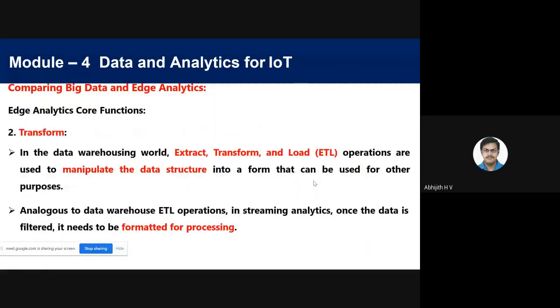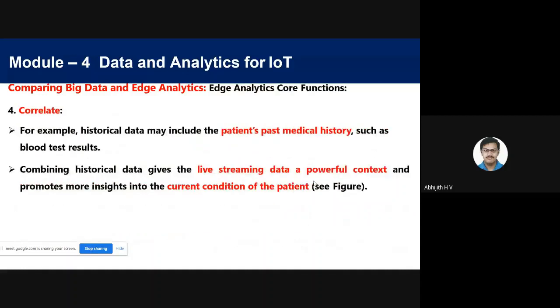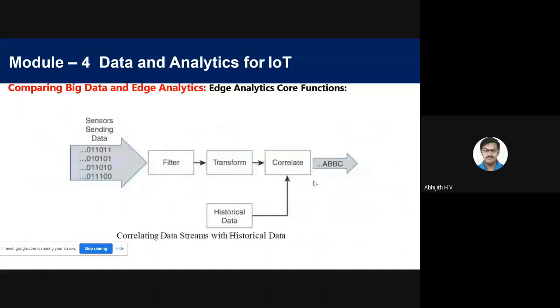So: filter, transform, adding timestamps, and correlations. These are certain important things. If you analyze this, your sensors will send the raw data to the edge node. The edge node may filter it and convert it into a certain format, transformation, extract, transform, load, and you can compare this with the historical data or with multiple parameters.